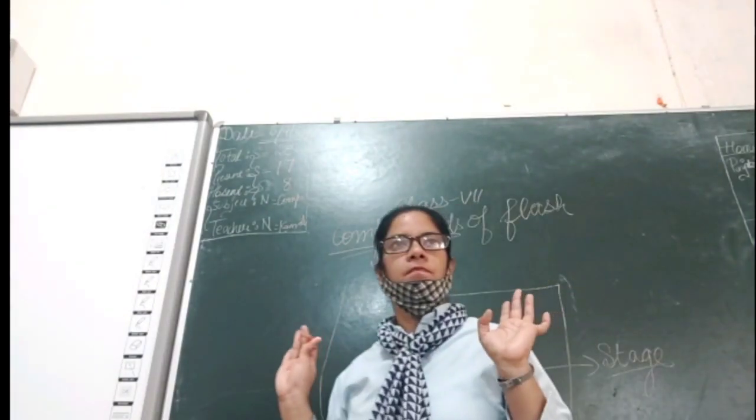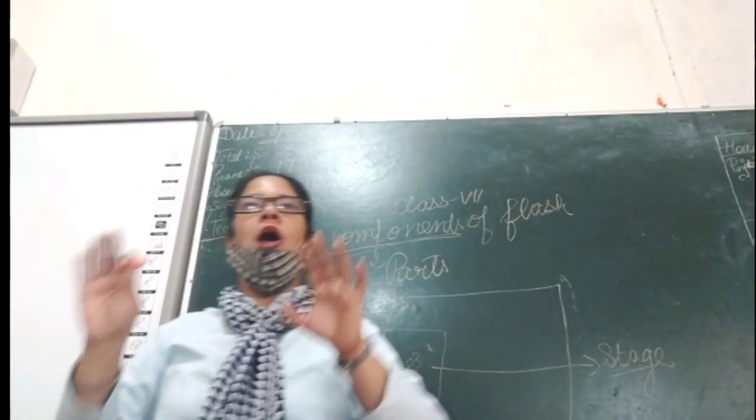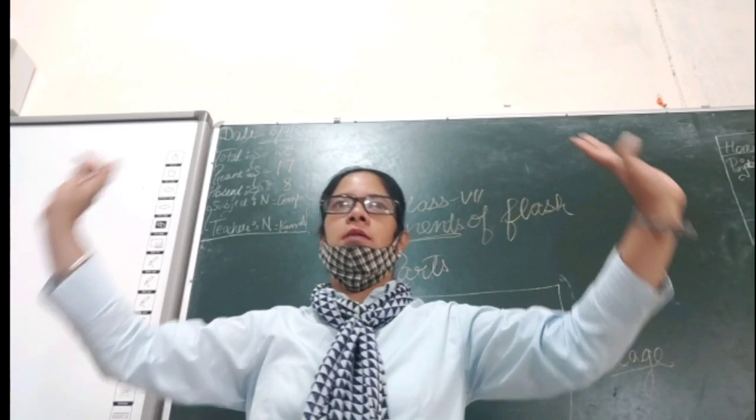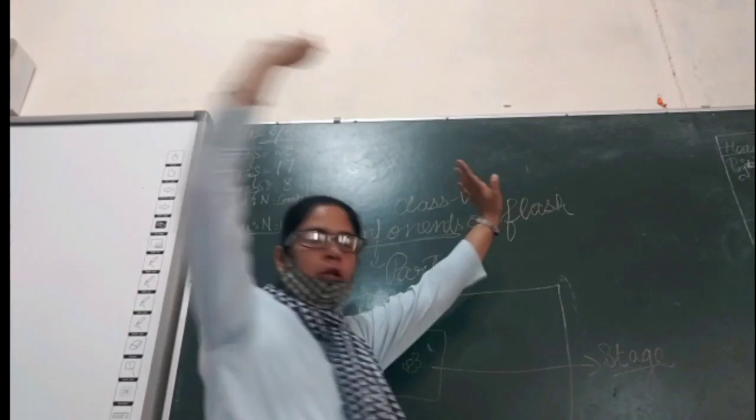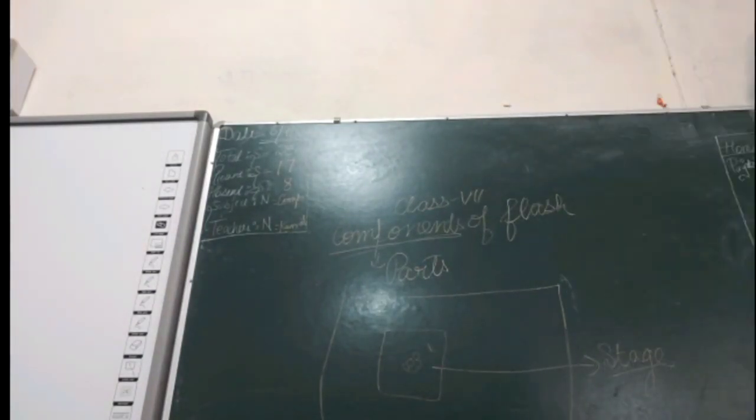So the area where we write or draw is stage. We draw or we work or we type text.